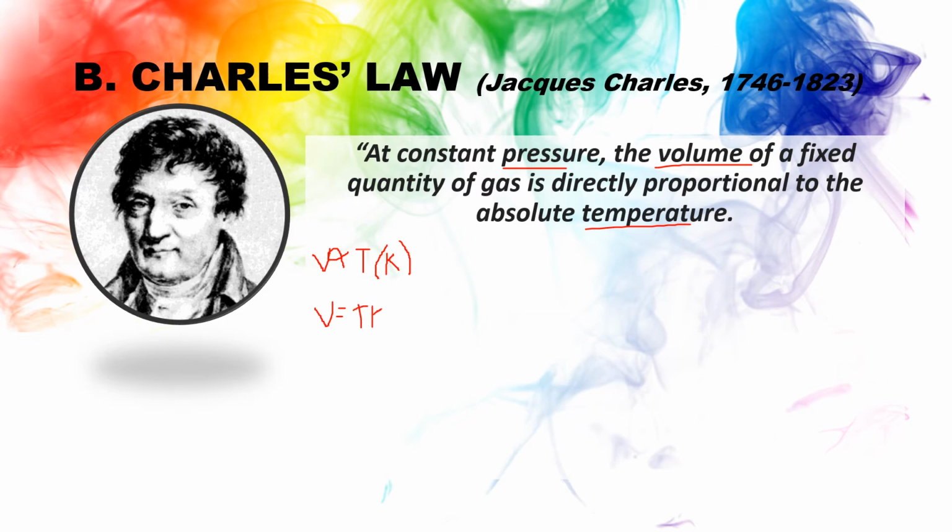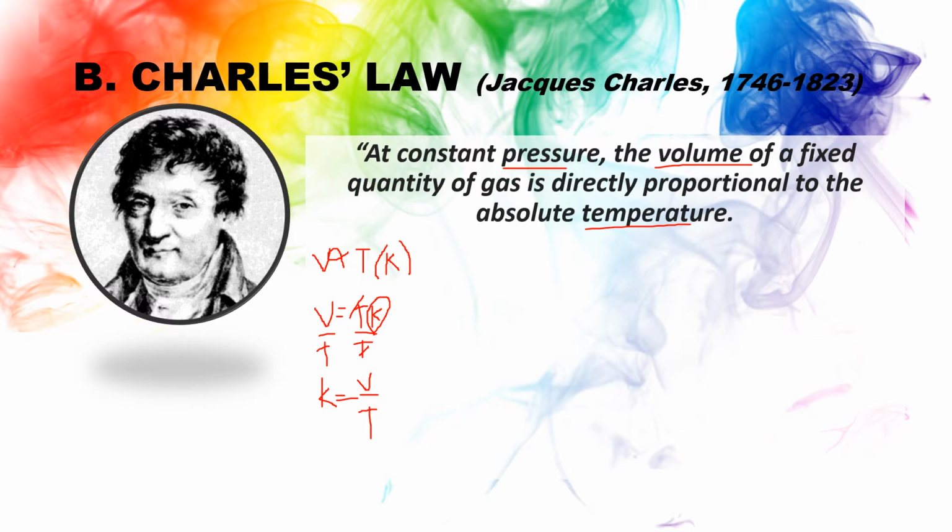So if we are to solve K in here, we just have to simply divide both sides by T. So that T will be cancelled in here. K now is equal to V over T. And just like Boyle's law, we are also considering initial and final conditions.